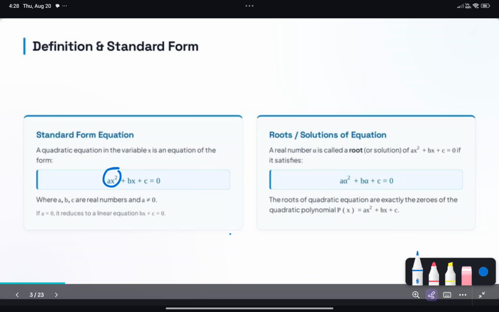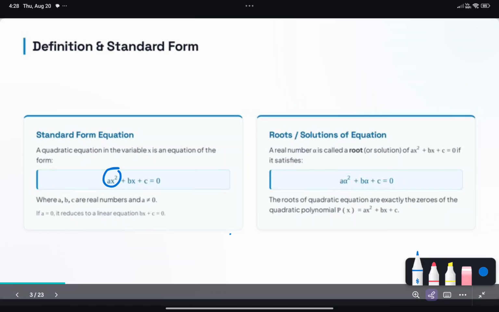Roots, solutions of equation. We know that any quadratic equation has roots. We can call them roots or solutions; both are correct.